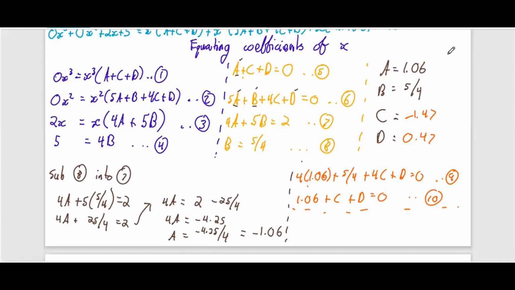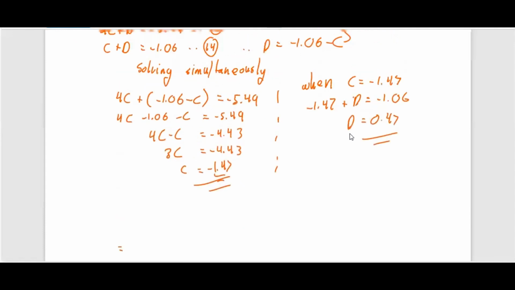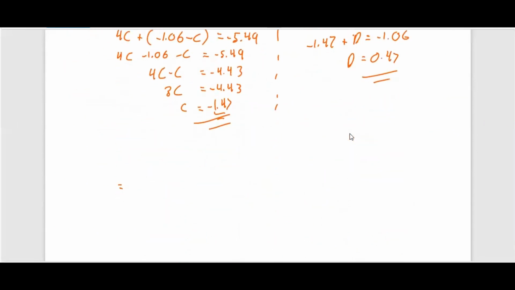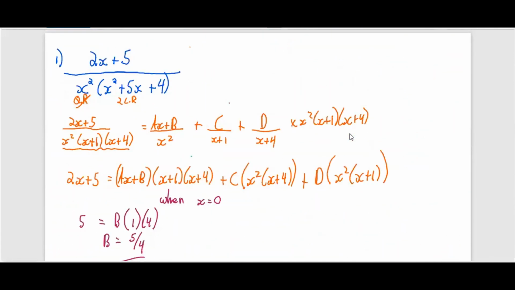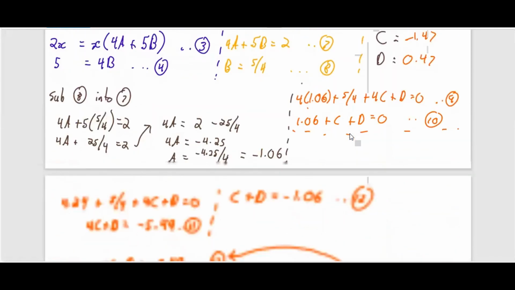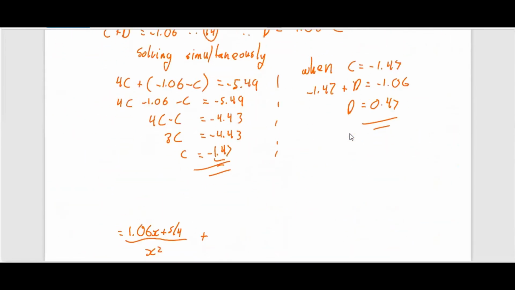Yeah, so now we can finally write out part of practice one. So obviously I'm not going to write the first piece. So that's equal to A, or A is 1.06, and I think it was Ax plus B. So it'd be 1.06x plus 5 on 4, all over x squared plus C, or C was minus 1.47.